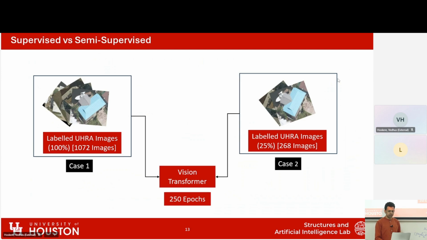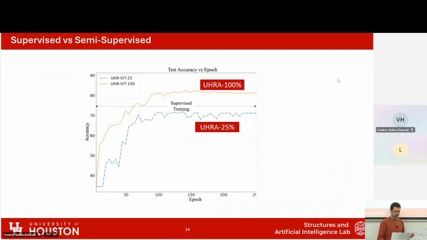It's trained for 250 epochs. And you can see the accuracy here. The accuracy in this case is the number of buildings that are correctly predicted. And of course, with more training data, as you would expect, the performance of this model is better.